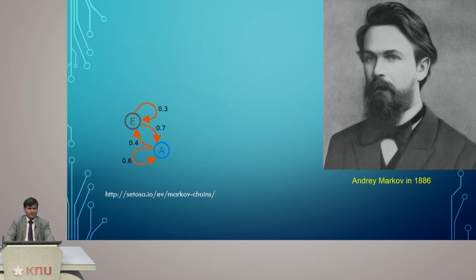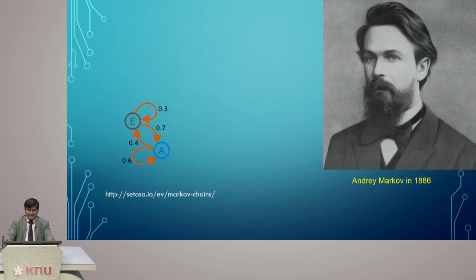As you can see in this diagram, there are two states, state A and state B. In fact, state A and state E. You can imagine it like America and England. For whoever is in America, the probability that he will stay in America is 0.6, and the probability that he will move to England is 0.4.